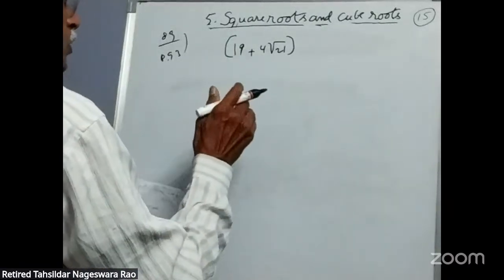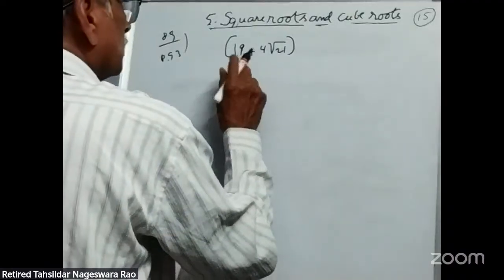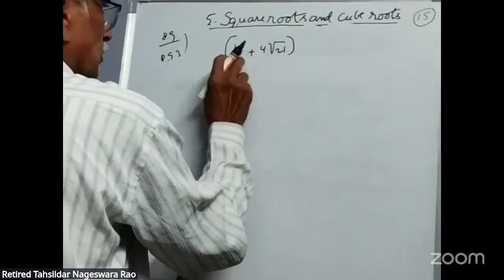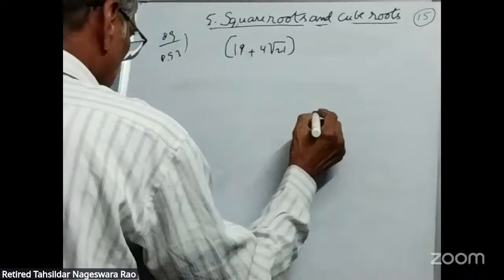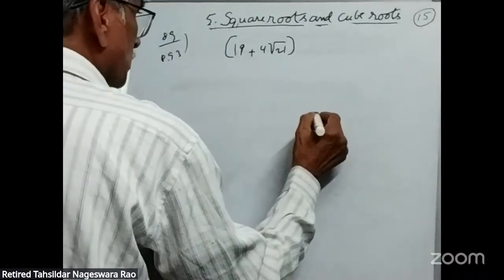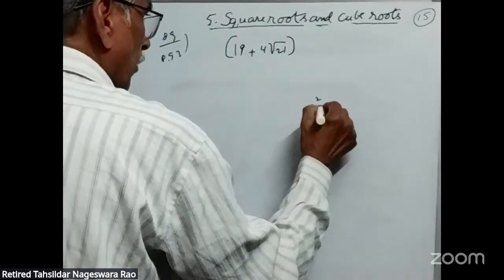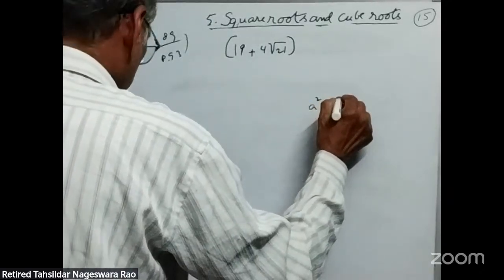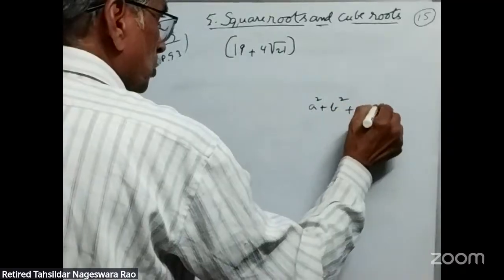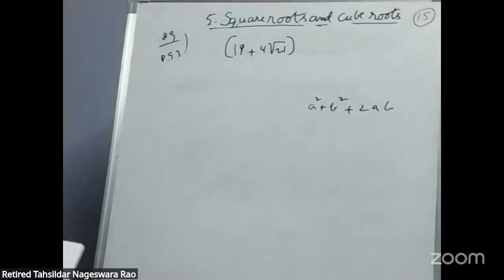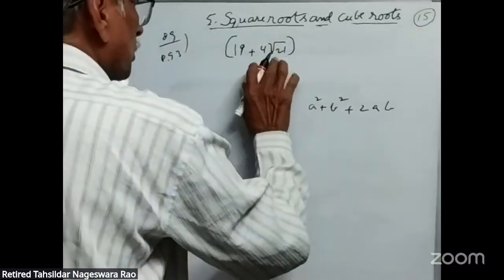Now, we have done some examples like this. This may be some expanded. Here, there is possibility of applying a square plus b square plus 2ab will be a plus b whole square. Here will be this one.